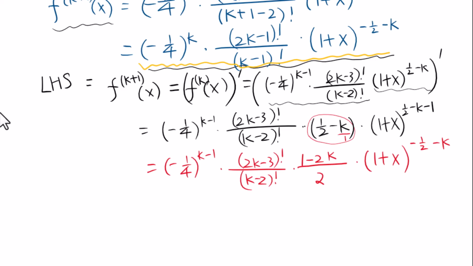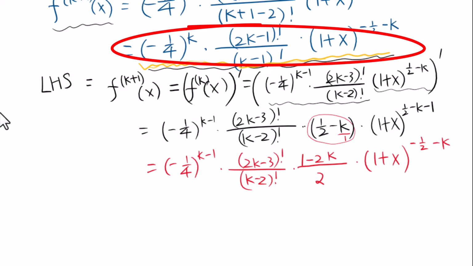Remember, our goal is this. It's so hard to change 2k minus 3 factorial into 2k minus 1 factorial. So we will work on the right-hand side.